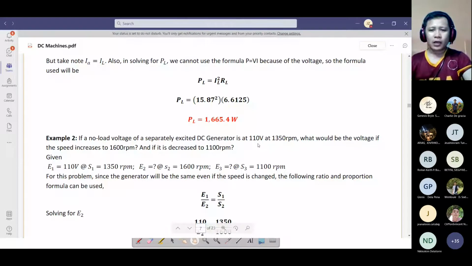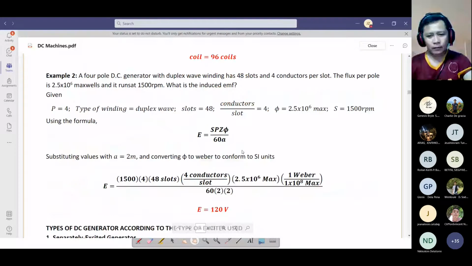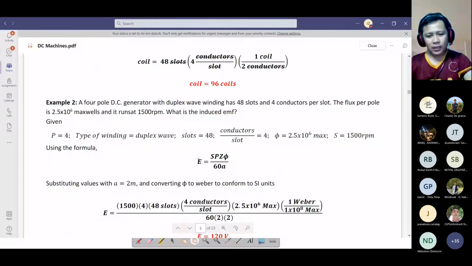Sir, where does this correlate, with voltage or with speed? According to you, sir, we come up with E1 over E2 equals S1 over S2. Is that a formula that correlates the speed and the generated voltage? The answer is yes. If you can recall, E is equal to SPZphi over 60A.